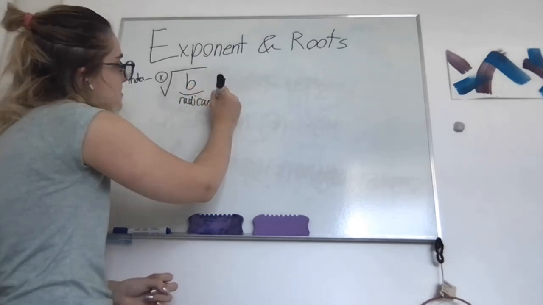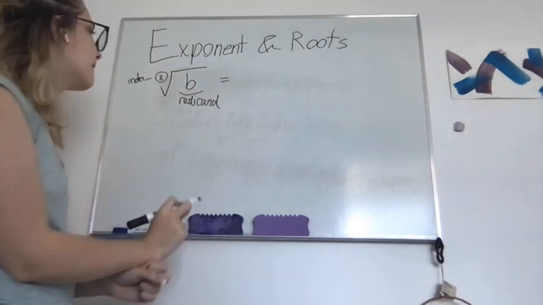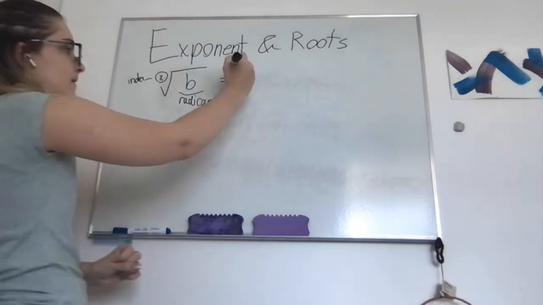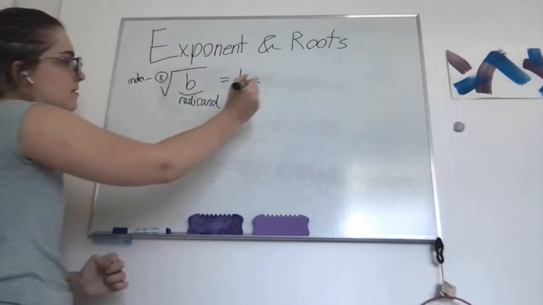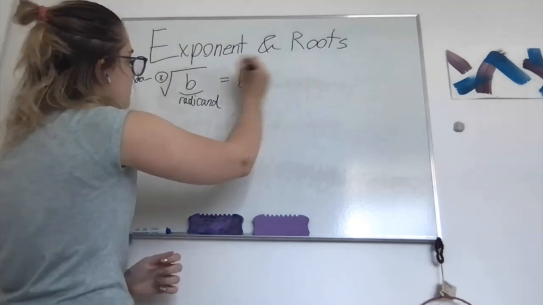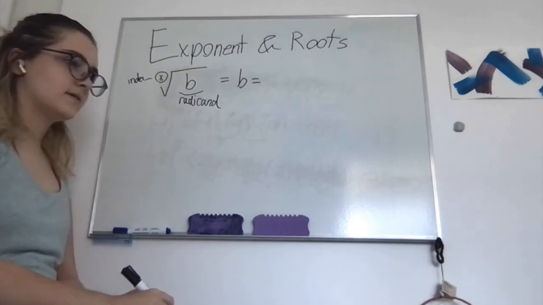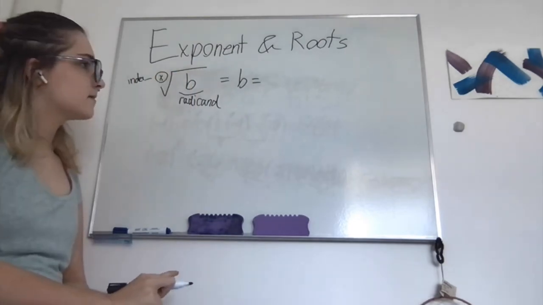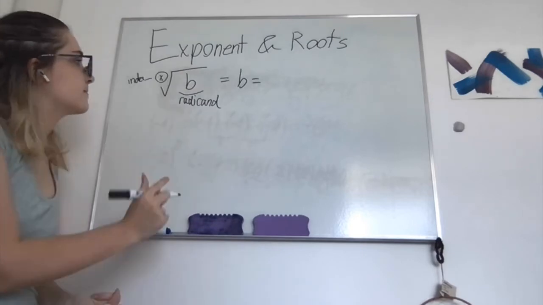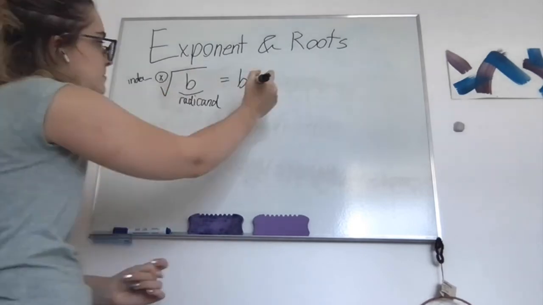What does this mean? This means b equals some number multiplied this many times.